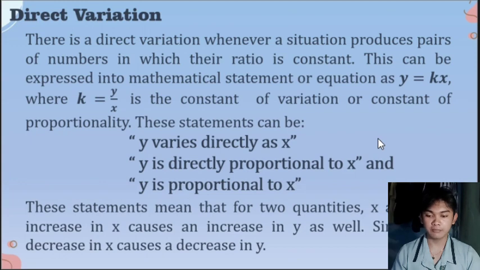This statement can be read as y varies directly as x, y is directly proportional to x, and y is proportional to x. This statement means that for 2 quantities, x and y, an increase in x causes an increase in y as well. Similarly, a decrease in x causes a decrease in y.